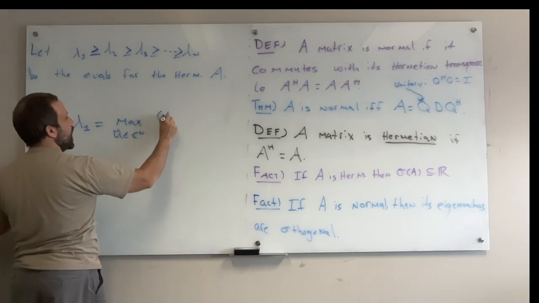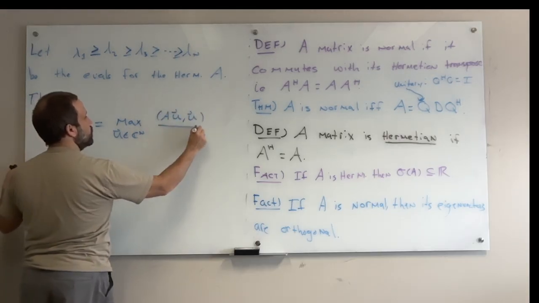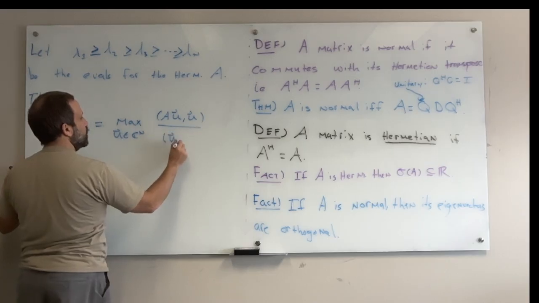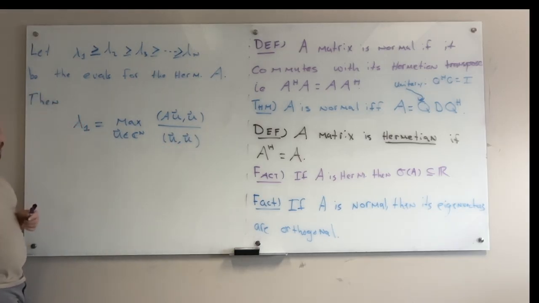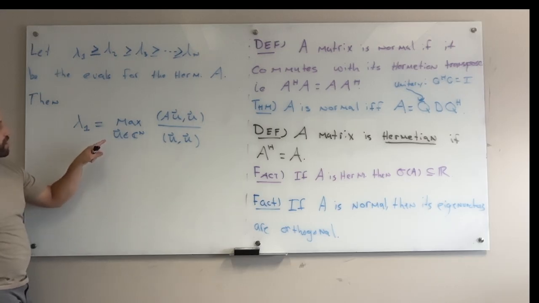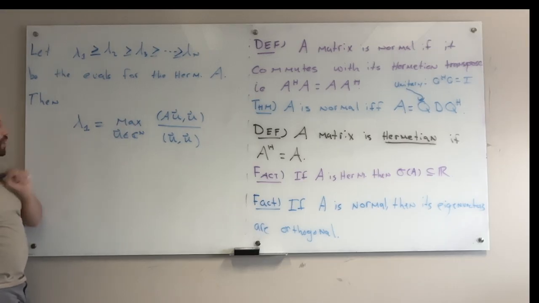I'm going to write it as <Au, u> divided by <u, u>. This is called the Rayleigh quotient. If we form this and look over all of C^n and find the u that makes this the biggest, that is going to be our lambda_1.